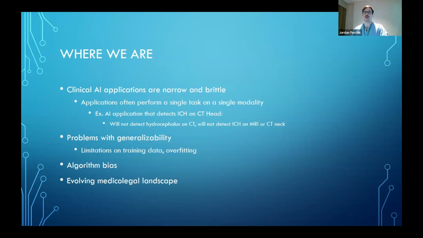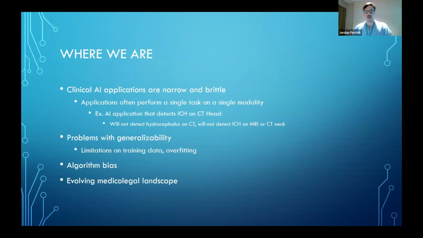We worry about training populations, where maybe in the training data set you have entire populations that are not represented, and you go out into general practice and this algorithm is exposed to different patient populations and maybe exams from different scanners, and it doesn't do as well. And it may take time, and it may take multiple sentinel events, adverse events and bad outcomes to even detect that this bias is going on.